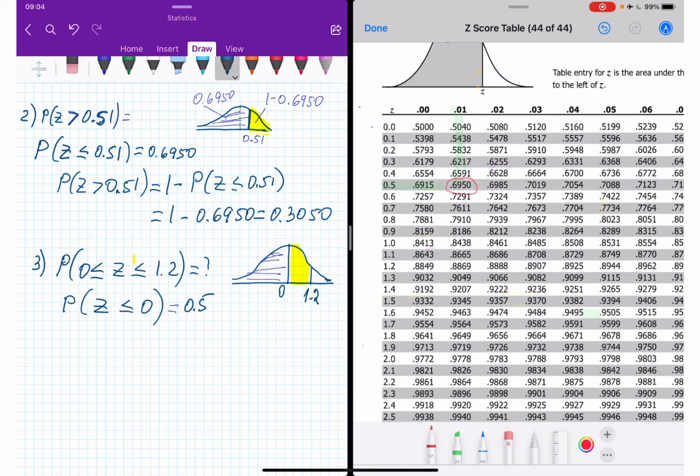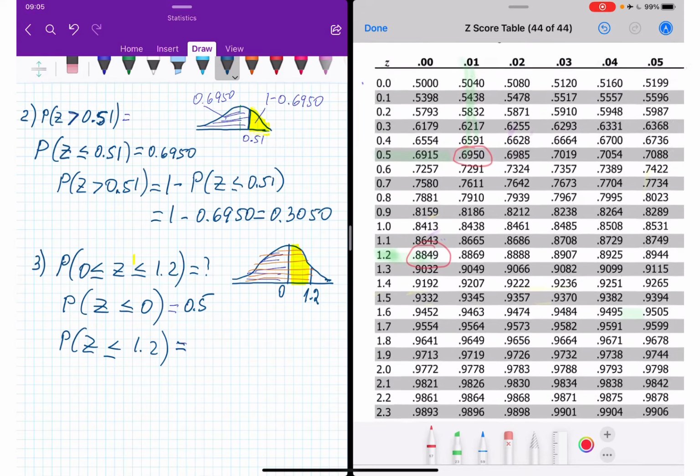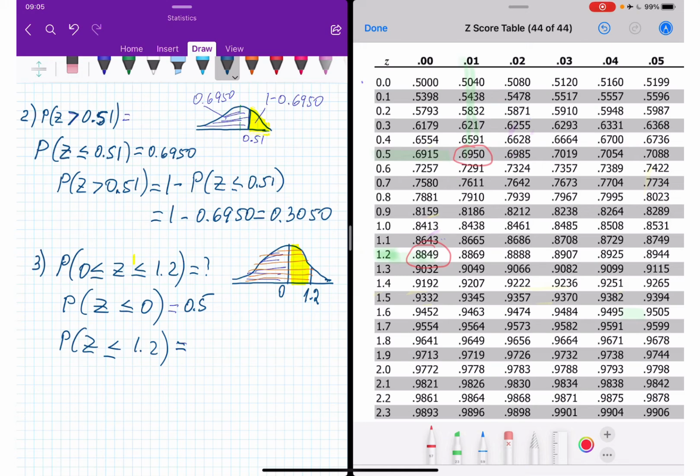Now I need to find the probability for z-score less than or equal to 1.2. Now for 1.2, it's going to be this area from here all the way to here. Yes? So let's find 1.2. Here it is, 1.2, and since there is no second decimal, it's going to be this number, 0.8849, because we have here 1.20, right?